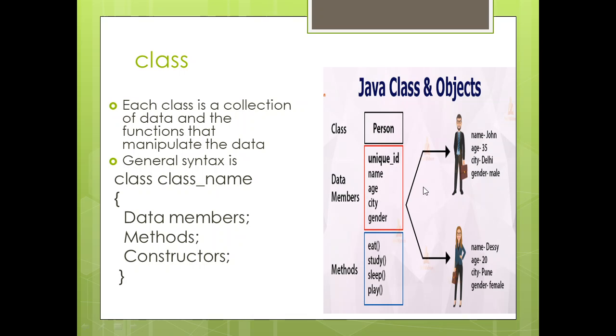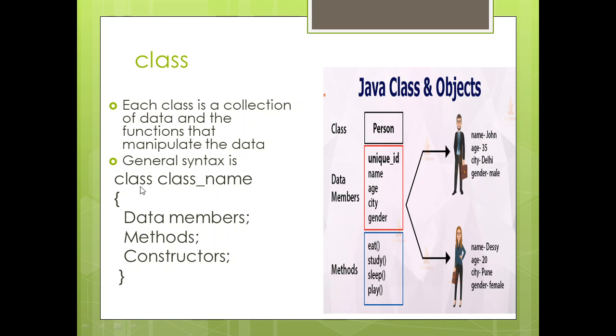We can create objects for the data members, give values to the data members, and manipulate them in the methods. Each class's syntax is like this: class, space, class name.